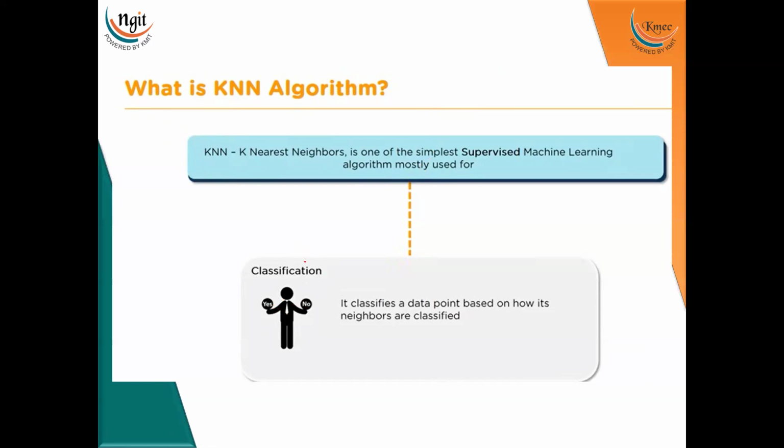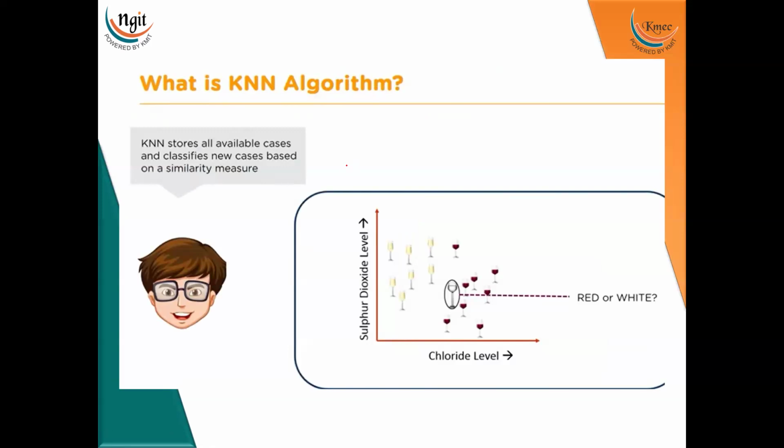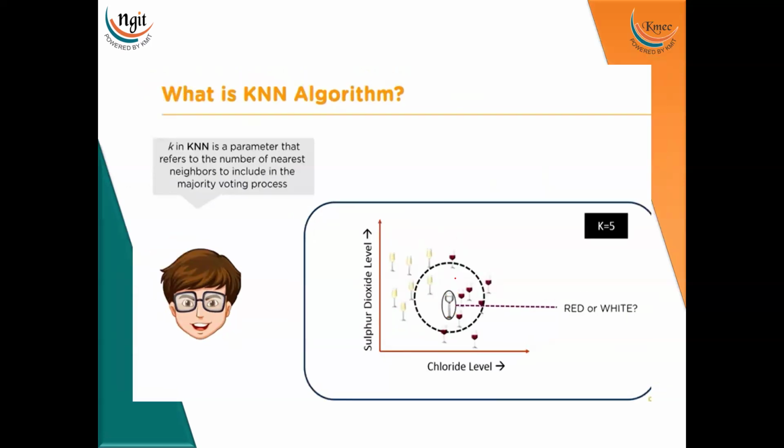KNN stores all available cases and classifies new cases based on a similarity measure. Suppose here we have red wine glasses and white wine glasses. When a new data point occurs, first it finds the distance to its nearest neighbors, and whichever has the highest majority votes, it is classified into that class label.